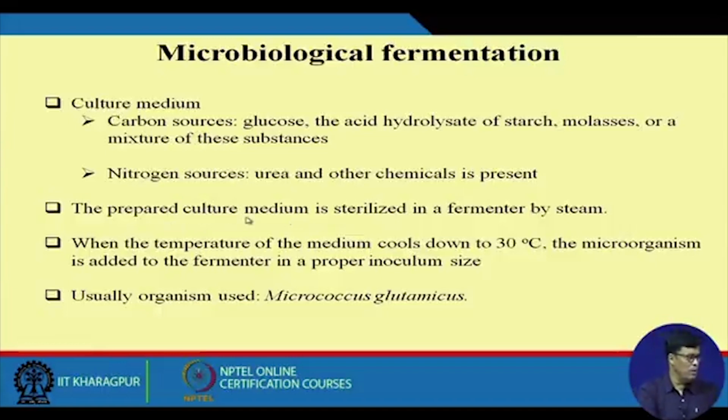The prepared media is sterilized in a fermenter by steam, and when the temperature of the media is cooled down to 30 degrees centigrade, the microorganism is added to the fermenter in proper inoculum size. I told you that the inoculum size of an industrial or normal fermentation process usually varies from 5 to 10% volume by volume.